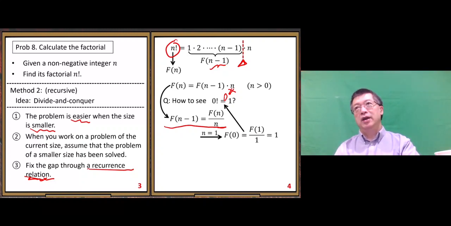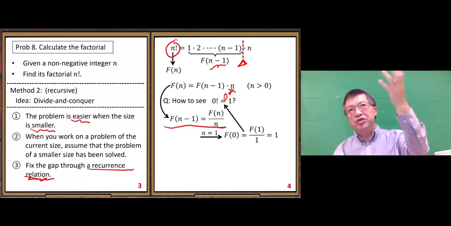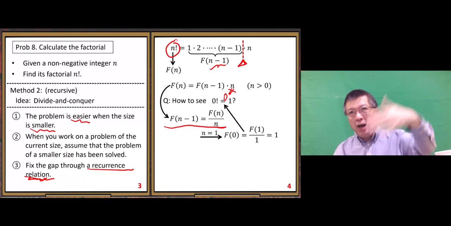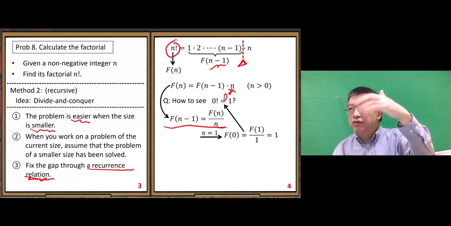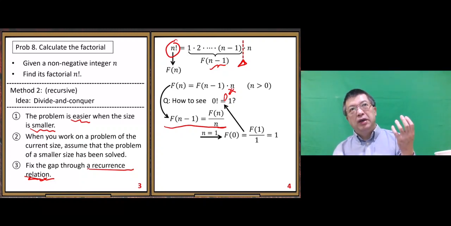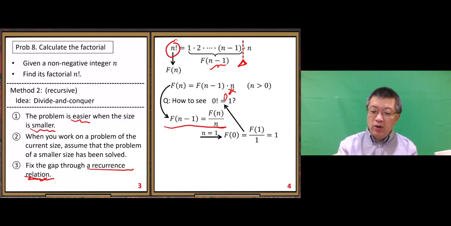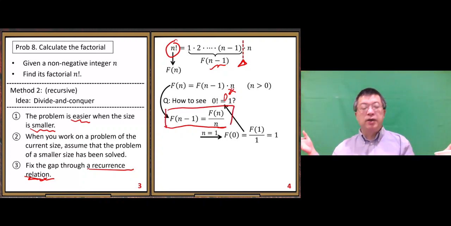So here you can see people assume 0 factorial equals 1. It's compatible with our recursion formula. Otherwise, if you assume 0 factorial equals 0, it's not compatible, because when we use this formula, we will get a mistake.